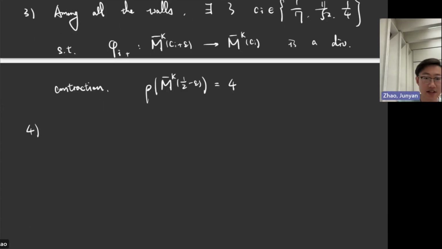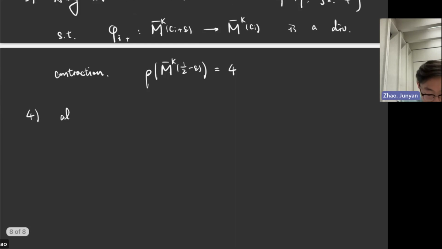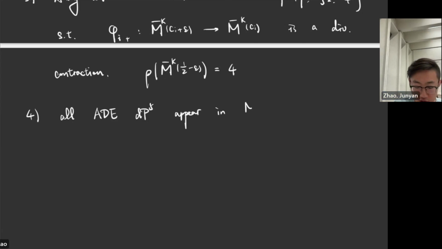And the last result tells you that all the del Pezzo surfaces of degree 5, dP5, will appear in some K-moduli.